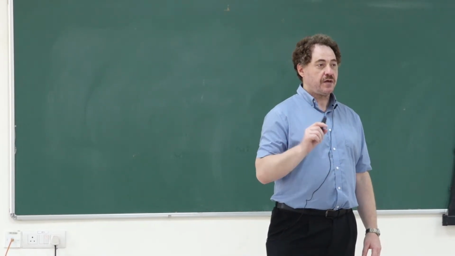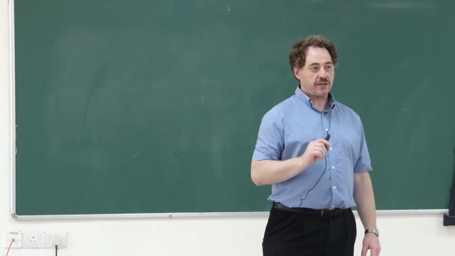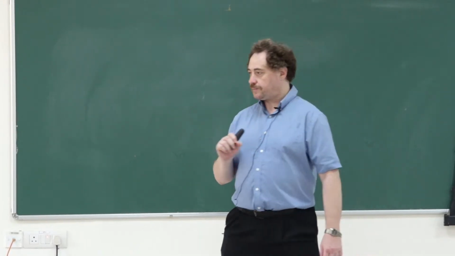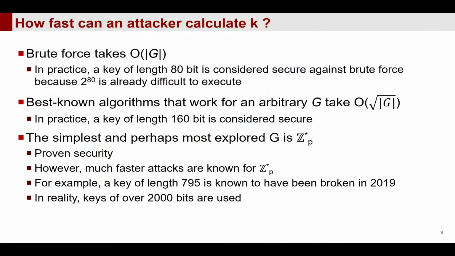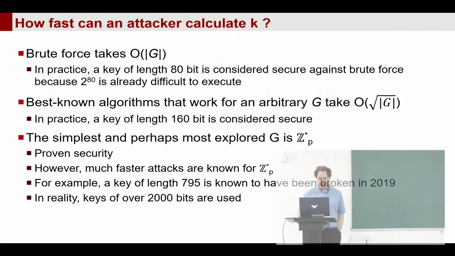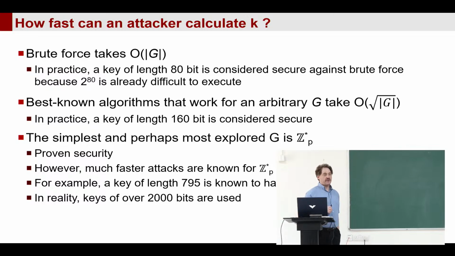There are specialized algorithms, specialized attacks for this group. So, for example, I previously said in the general case 160 bits would already be secure. Well, for this group, a key of length 795 bits is known to have been broken in 2019. So 795 bits is much bigger than 160 bits, and yet it has been broken.